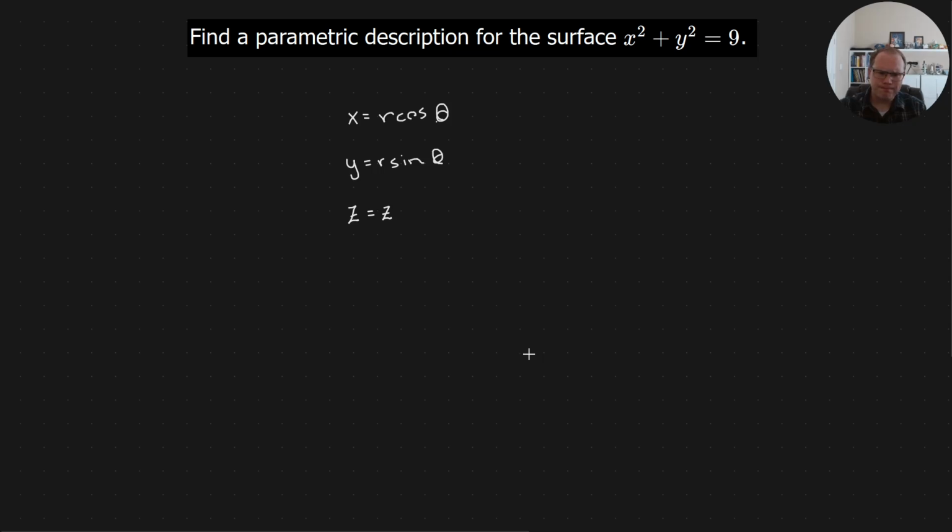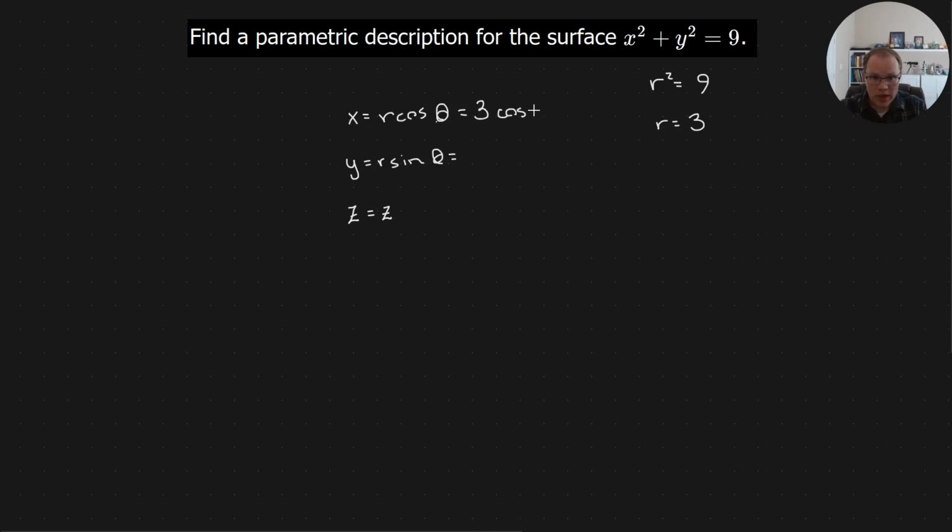Now that leaves us with 3 variables, so somehow we need to use this equation to narrow things down. We know x squared plus y squared is r squared, and if we take the square root of both sides, that means r equals 3. So rather than leaving r as r, for this particular surface, r is always going to be 3.